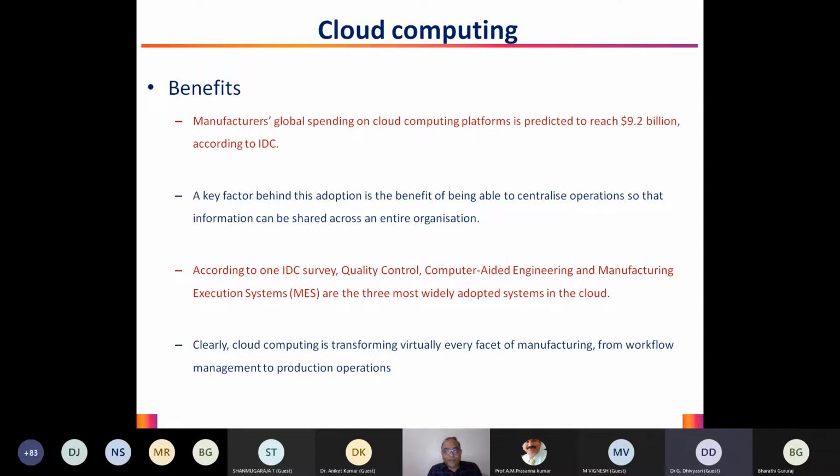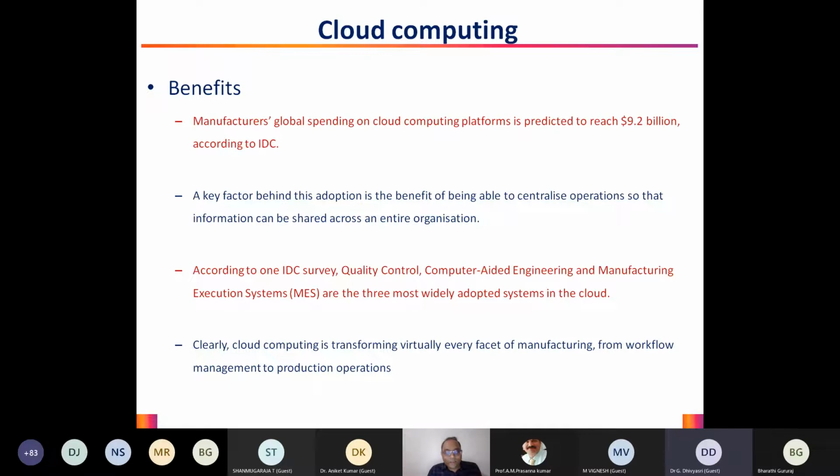The key factor behind this adoption is the benefit of being able to centralize operations so that the information can be shared across an entire organization. As I told you, once you keep the data in the cloud, anyone who is a part of the business will be able to access this data, and they can always make the right decision as far as business acumen is concerned.